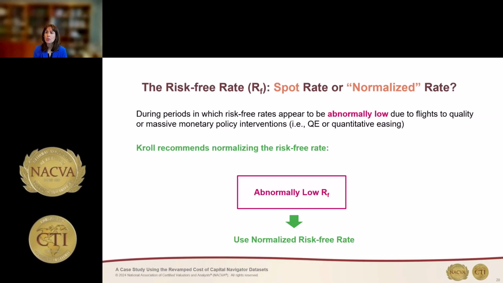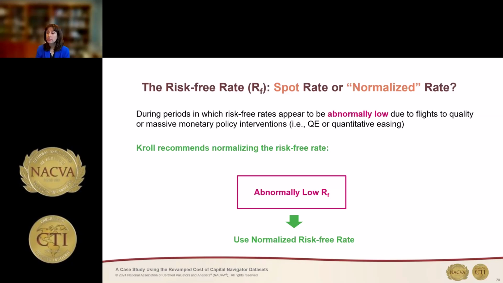Before even getting into the context of why we have this, know that the only reason why we have it is because our recommended US equity risk premium is estimated against this normalized rate.